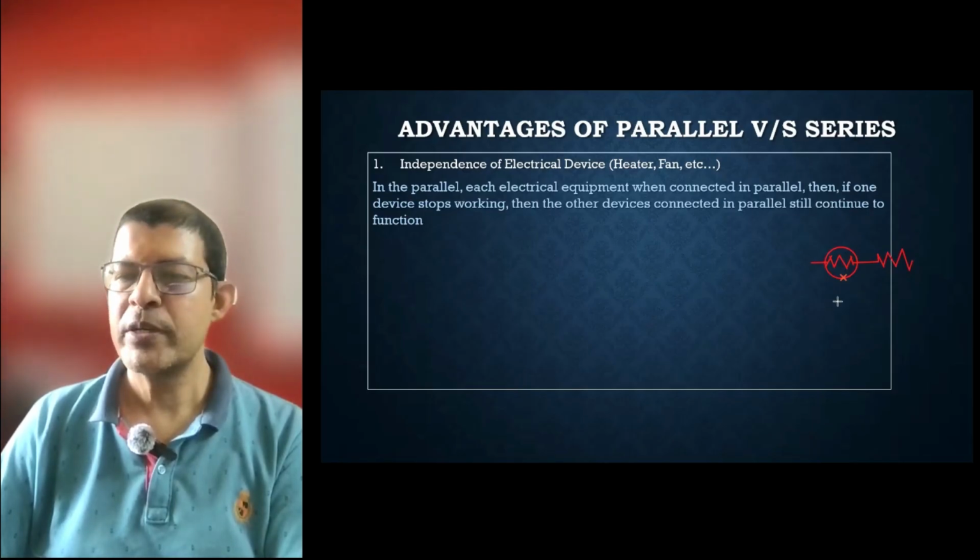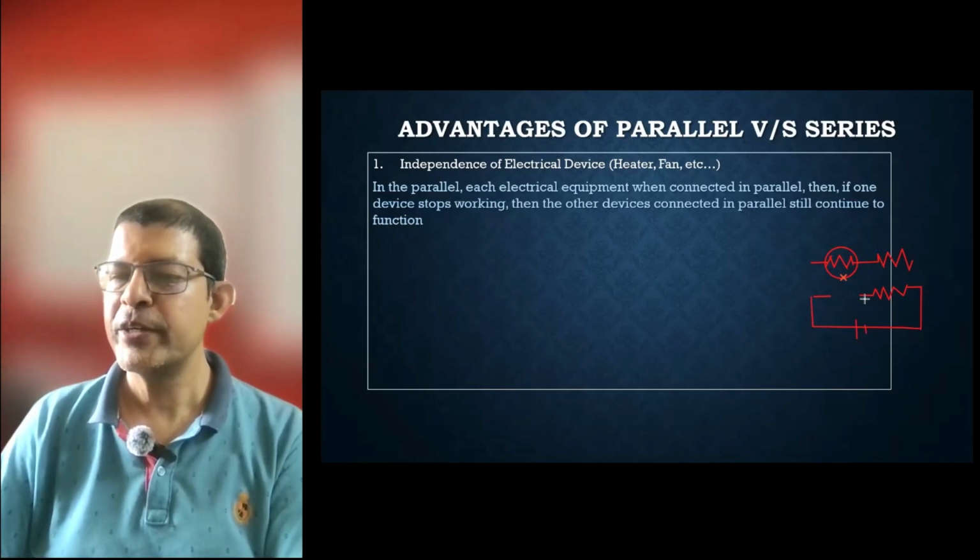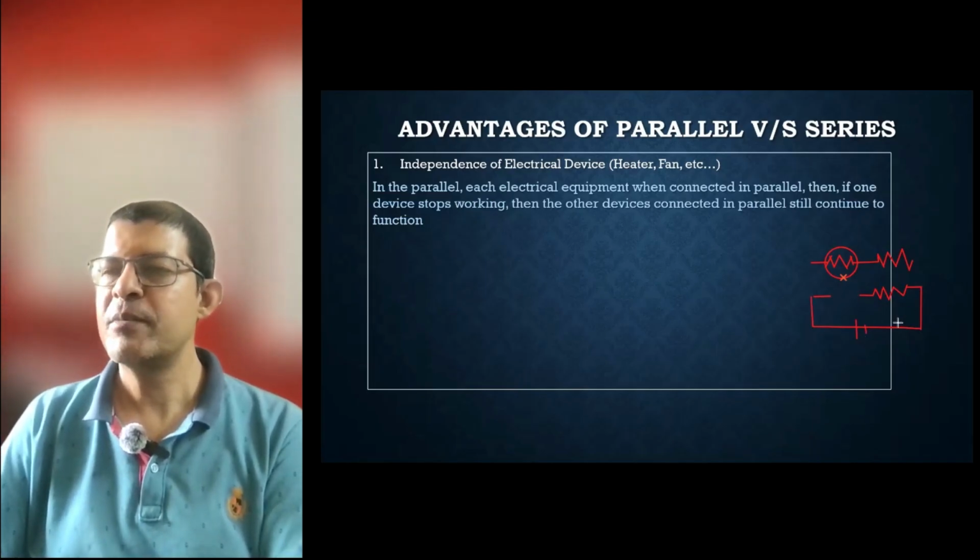It will become like an open circuit. It will be one line here. And if this is another device which was connected in a circuit with a battery, then because it is open here, there will be no current flowing in the circuit because it is a series connection.